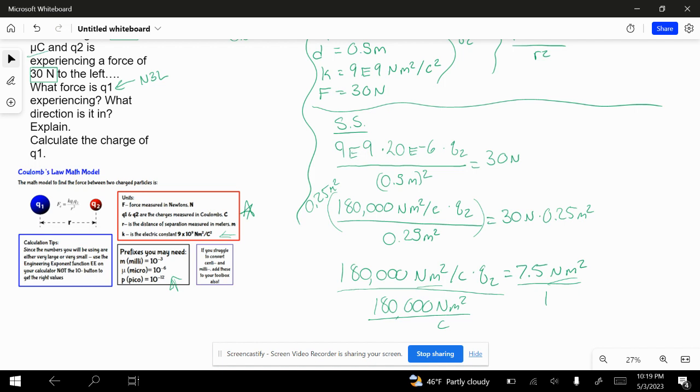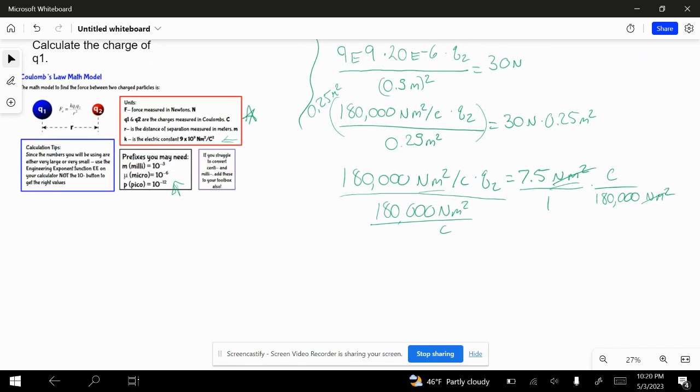On the right side, we'll just multiply by the reciprocal. So we'll go coulombs over 180,000 newton meters squared. Now I did that because I wanted to show that we have newton meters squared in the denominator, newton meters squared in the numerator, and we are going to be left in coulombs here.